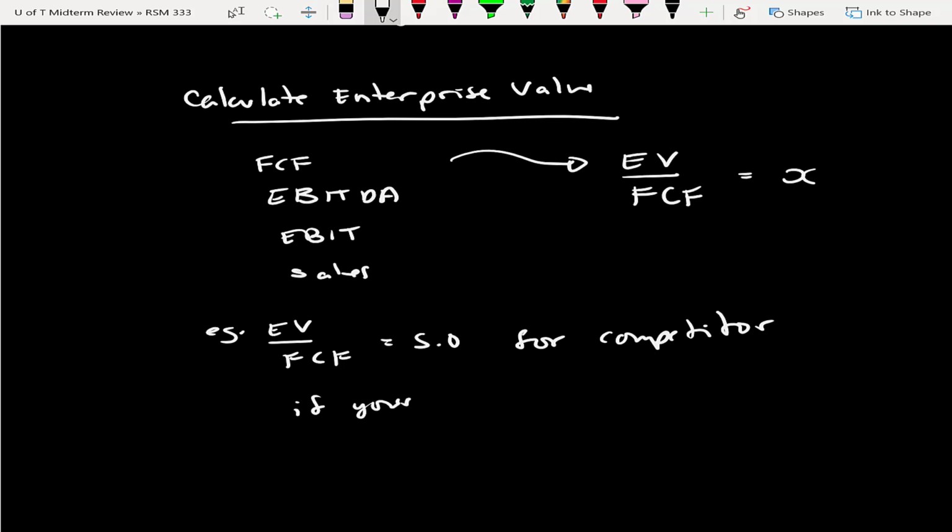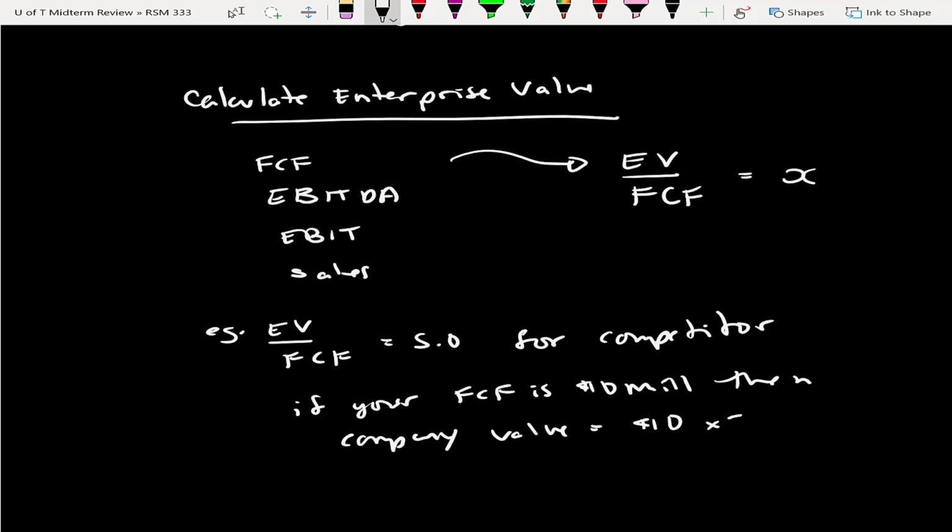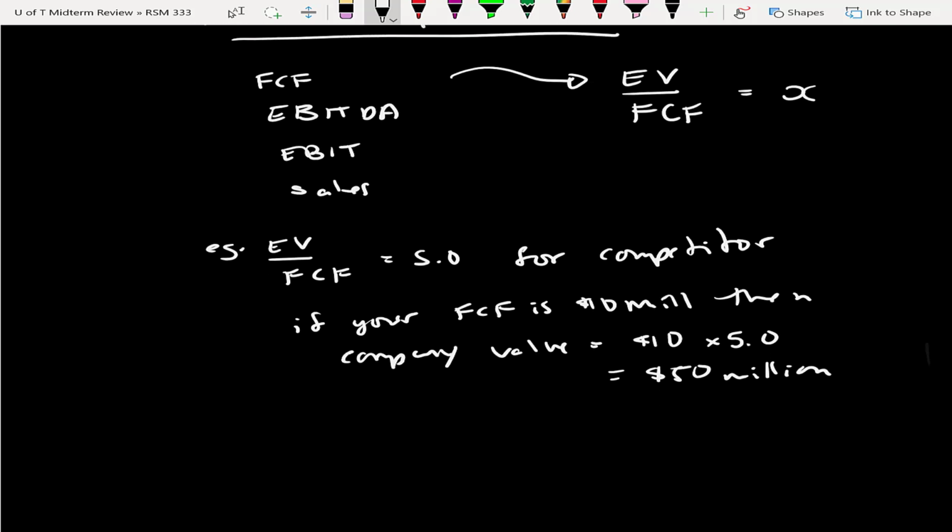If your free cash flow is 10 million, then the company value is equal to 10 million times 5.0, or $50 million.